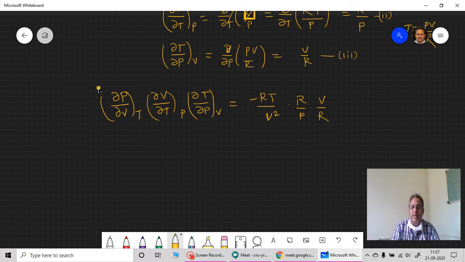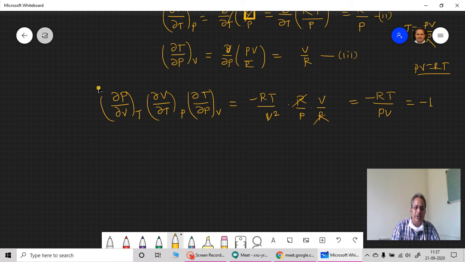V upon R. Now you can readjust: this R goes, one of this V and this V goes, so what remains is PV. So that is equal to minus RT upon PV, and we have already this relation, PV is equal to RT, the ideal gas equation. So I can replace this by RT, and that becomes minus 1.